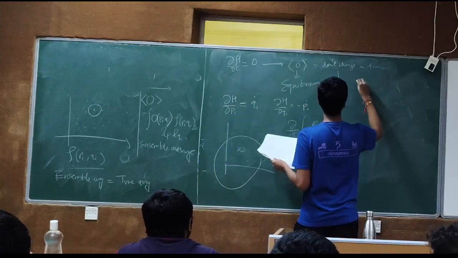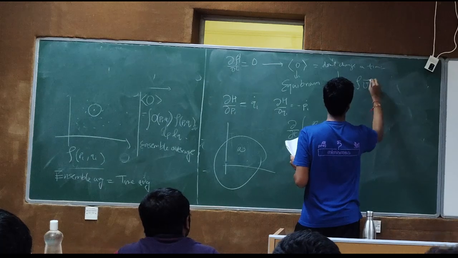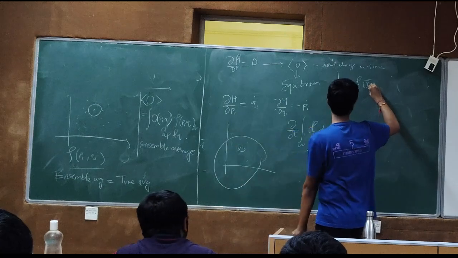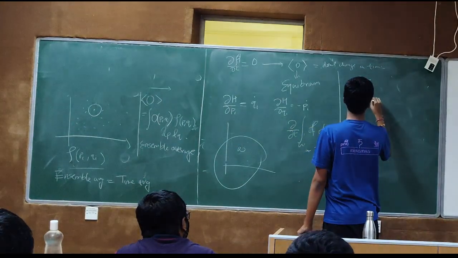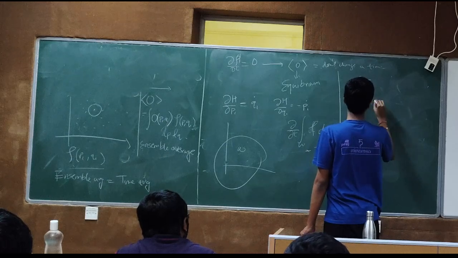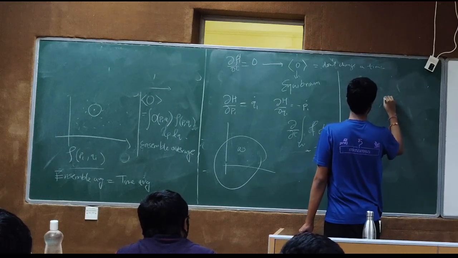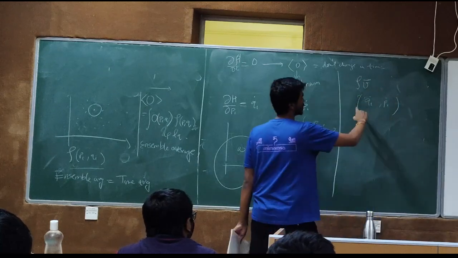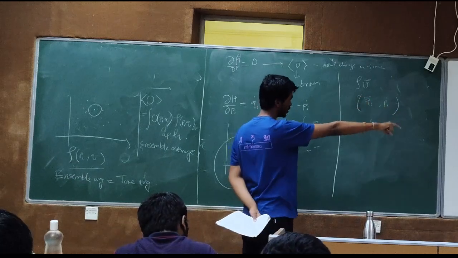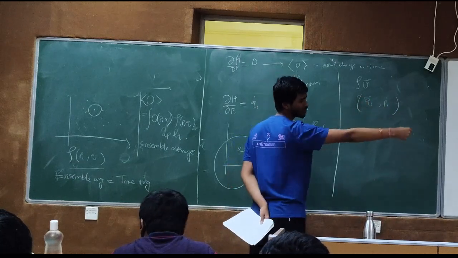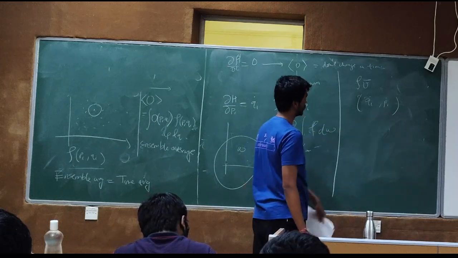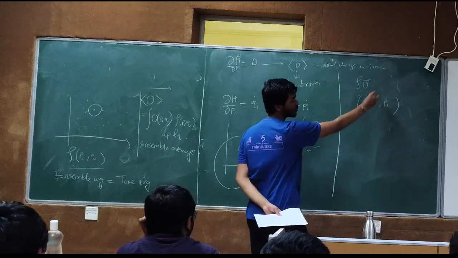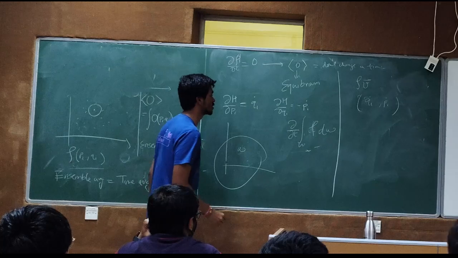For that, we define a flux. This is the velocity in the 6N-dimensional phase space, defined by the vector v. This vector has 6N components: first the q_i dots, and second the p_i dots, and this rho times v gives the flux.